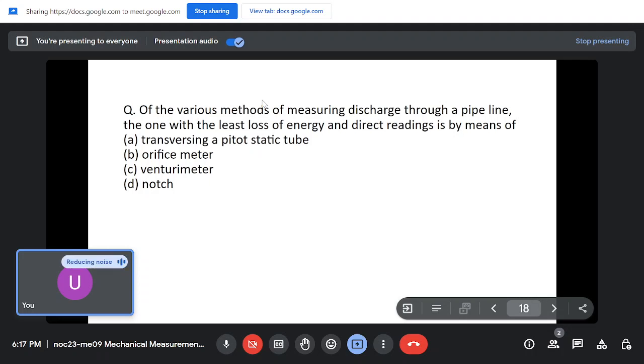So we have been asked to specify which type of measurement will give you the least loss of energy and a direct reading. In this case, out of the four, the venturi meter will cause the least loss of energy compared to the others. So the answer is option C, venturi meter.